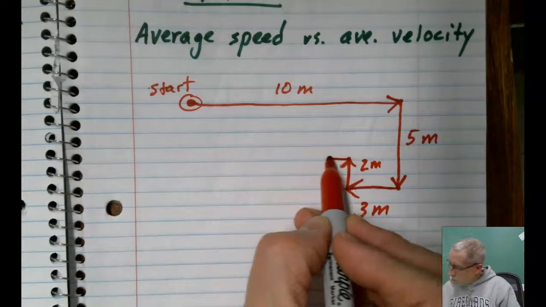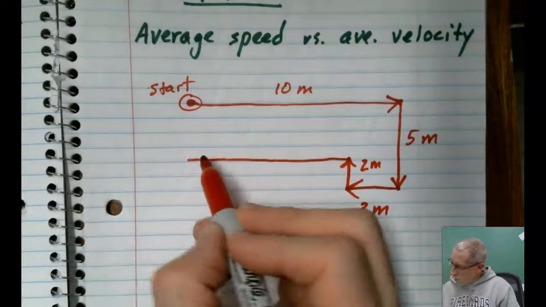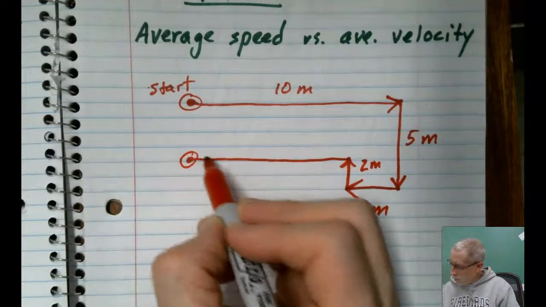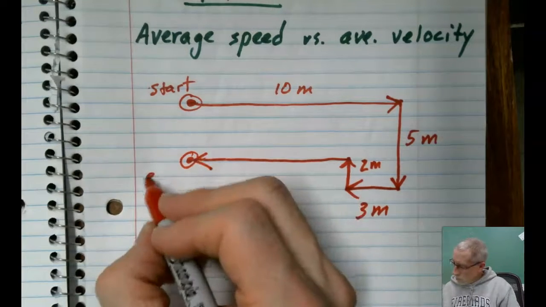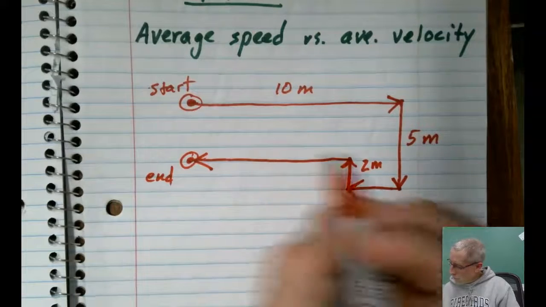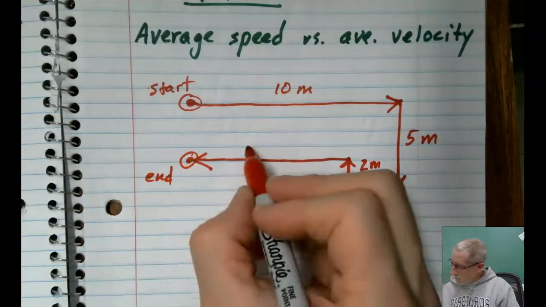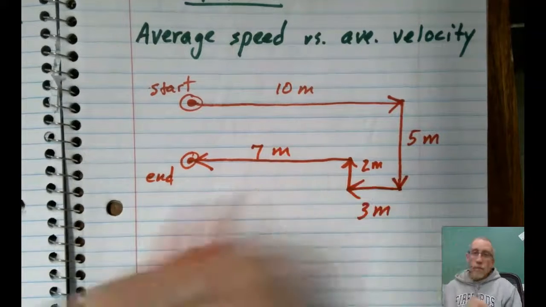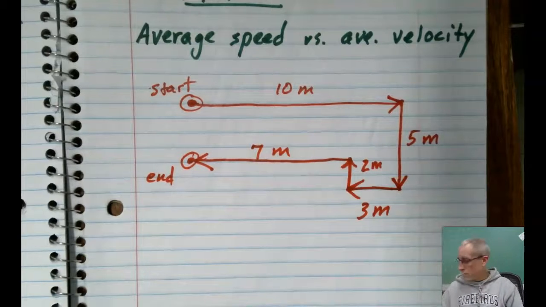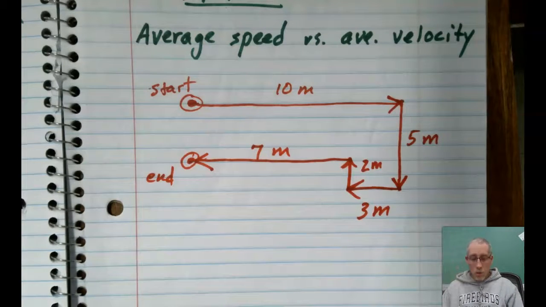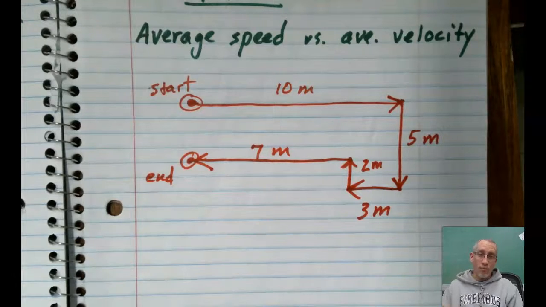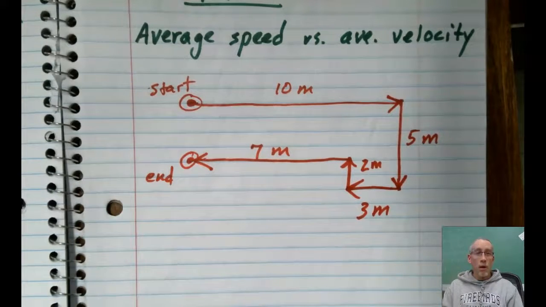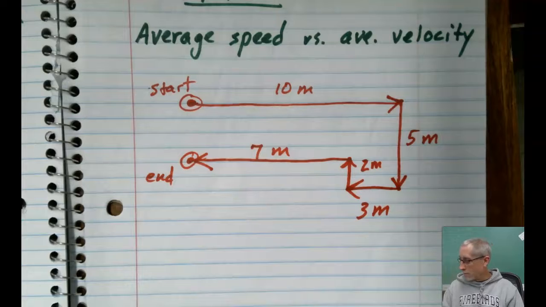And then one last turn, and they end up right here. So that's where they end. So they've gone another 7 meters. Okay? So again, that's a rather long, involved path in order to just end up directly below where you started.